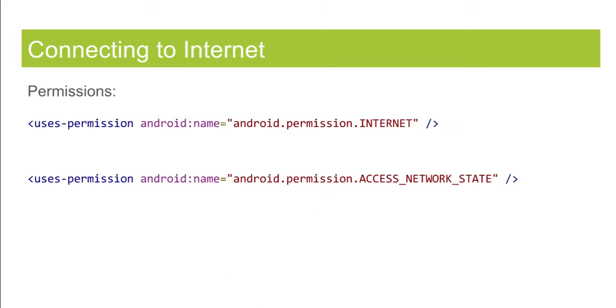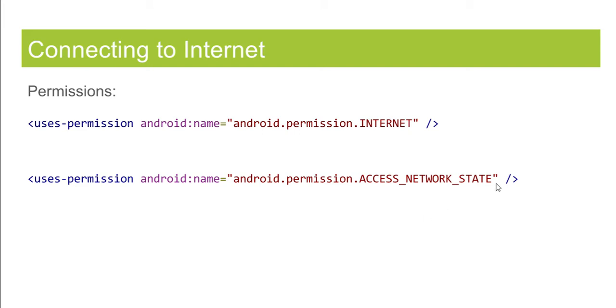So let's start connecting to internet. The first step we have to do is to declare a permission in Android manifest file, because we know for accessing every critical feature in Android we need to declare permission, and internet is also a feature that can cost to user, and it can also have security risk on the device, so we need permission.